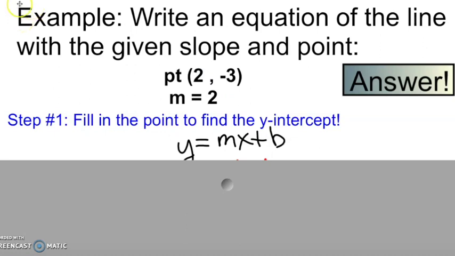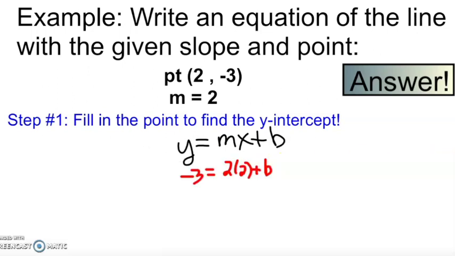So let's do one more example. So in this case, my point is 2, -3, and my slope is 2. So we're going to just fill this in. My y is -3, my m is 2, and my x is 2. So -3 is -3. 2 times 2 is 4.